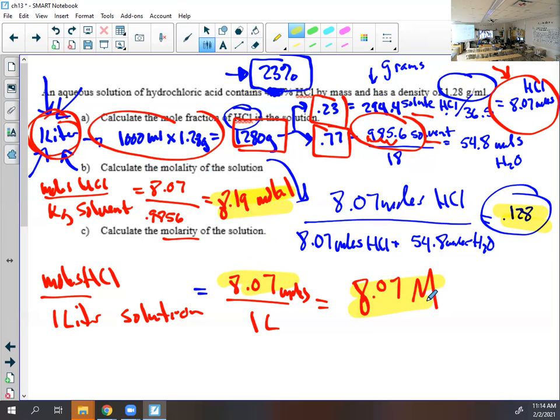I want you to do another problem while I'm gone still, and it's just like this. I want you to do the same problem, except I'm just going to change the numbers.